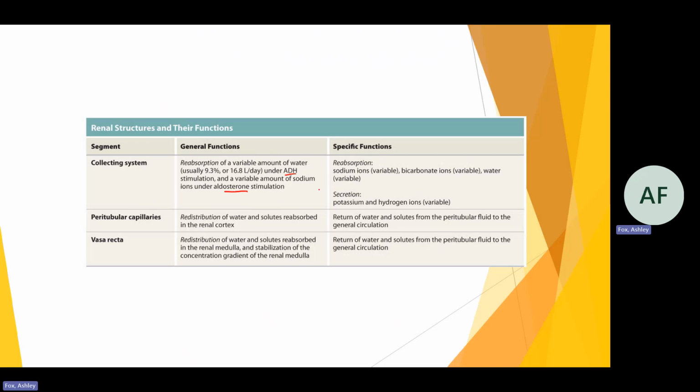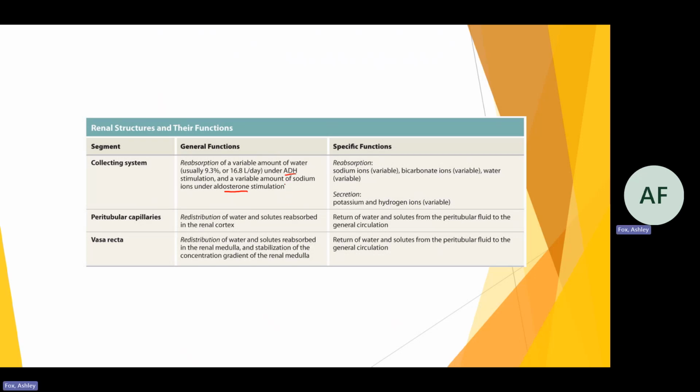Again, we'll talk about that more later, but there's a variable amount of reabsorption depending on what the collecting duct is being told. And it's also the same variable amount of potassium and hydrogen ions, because of kind of flipping switches saying, okay, we need to secrete these or we need to reabsorb, again, based on what's going on in the body and what the body needs.